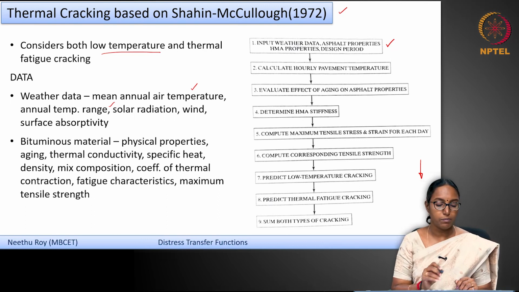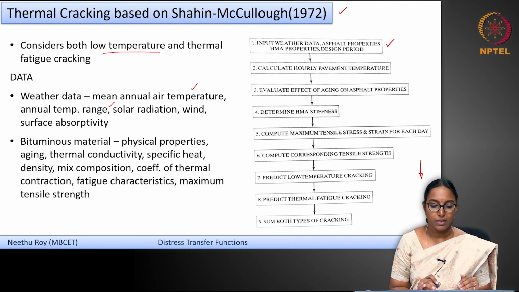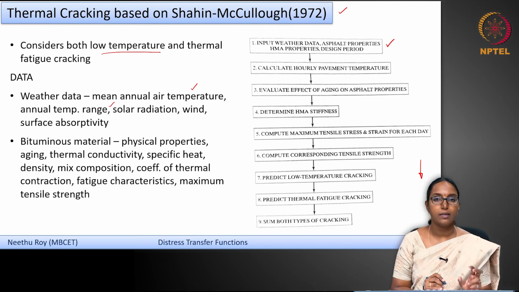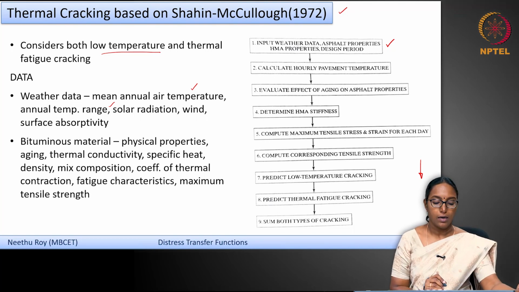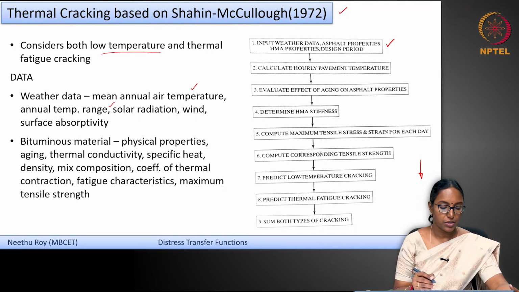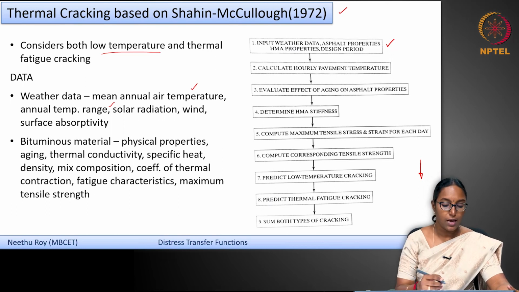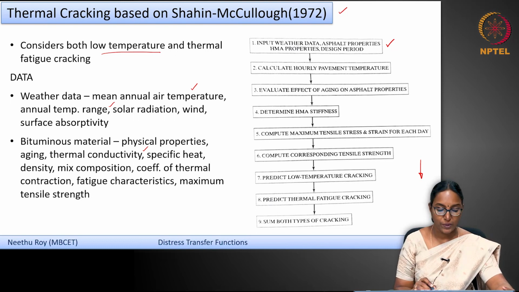And the second one is the bituminous material. It is the bituminous material that undergoes this thermal cracking phenomenon. So in the bituminous material, you need to give all the physical properties of the material, then the aging that happens because of exposure to temperature conditions or environmental conditions, then thermal conductivity, specific heat, density, the mix composition, the coefficient of thermal expansion of the material, the fatigue characteristics, and the maximum tensile strength of the material.